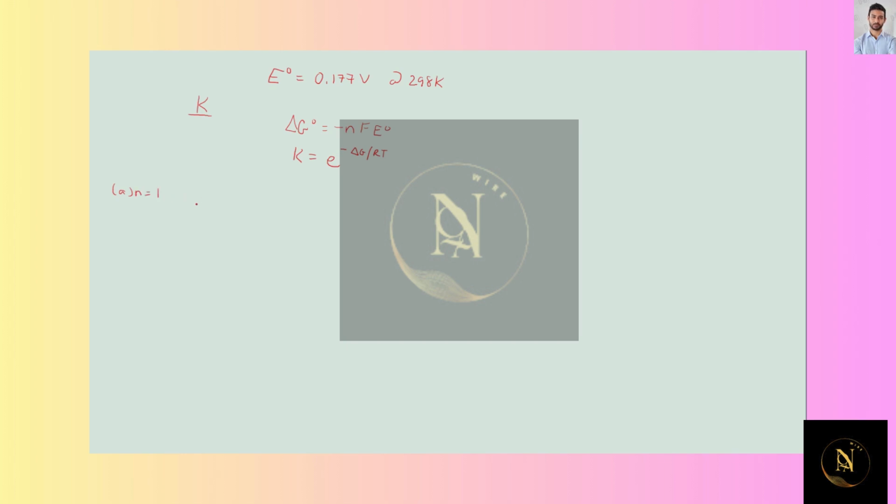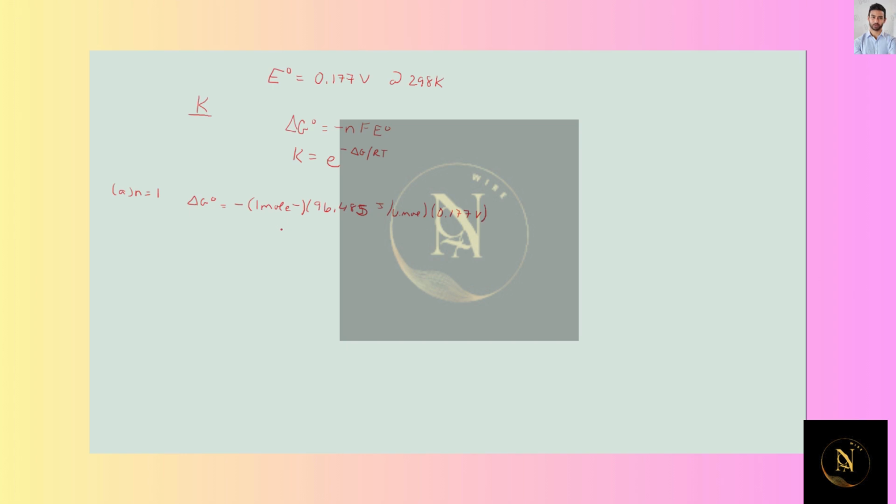So for n equals 1, delta G naught is going to be equal to negative, so we have 1 mole of electrons here, times Faraday's constant, which is 96,485. Oops, sorry, that's a 5. And that is joules per volt mole, times the number of volts, so 0.177 volts.